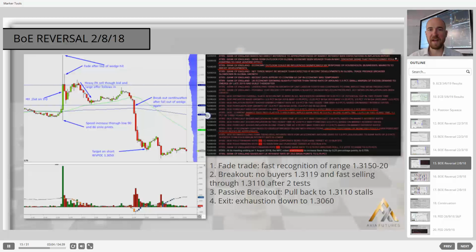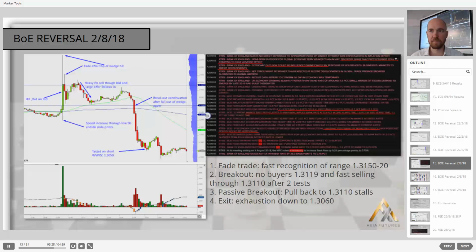You're looking then for your entry as it breaks through there. And as it breaks through, potentially a pullback and a stall there to give you a passive continuation trade. So that's your third opportunity that you play in the passive trade as you break 10 to get in, still with the intention this is going to fall through 90 and then continue down towards that 130.60 to 50 range.